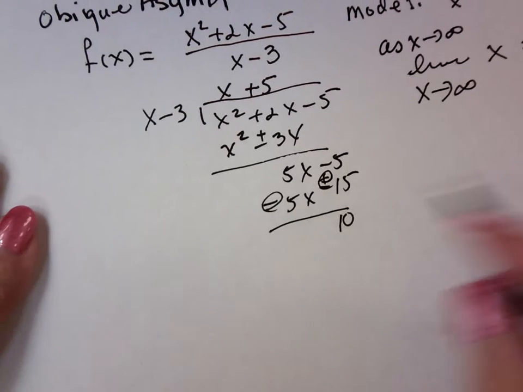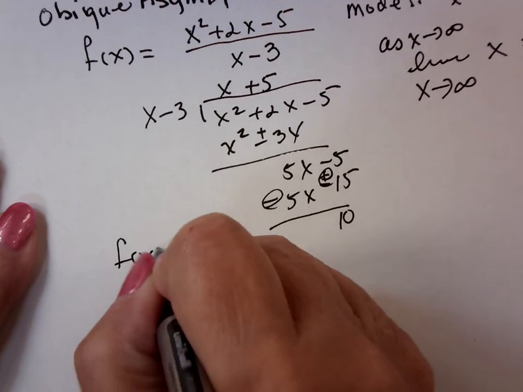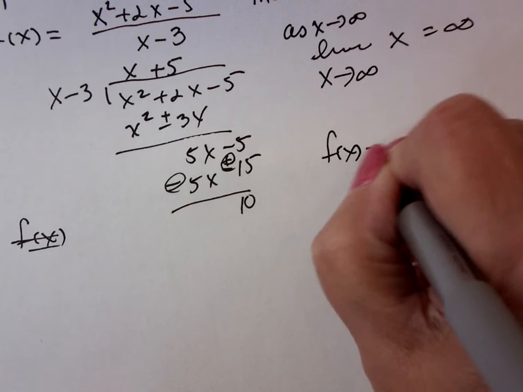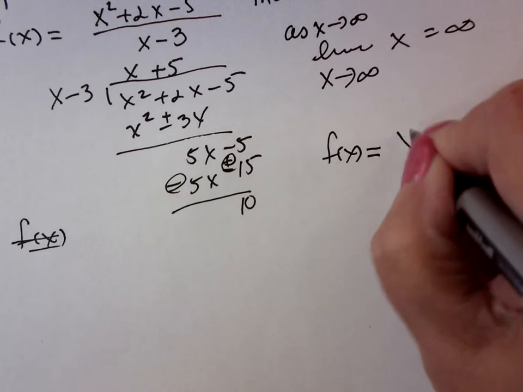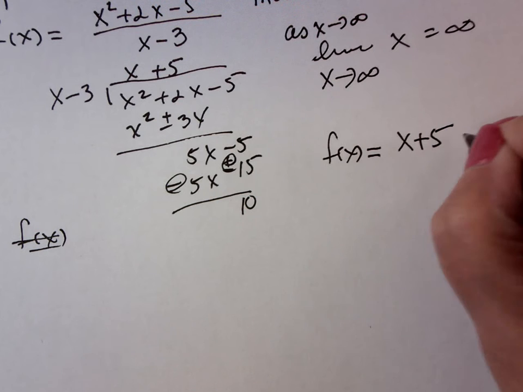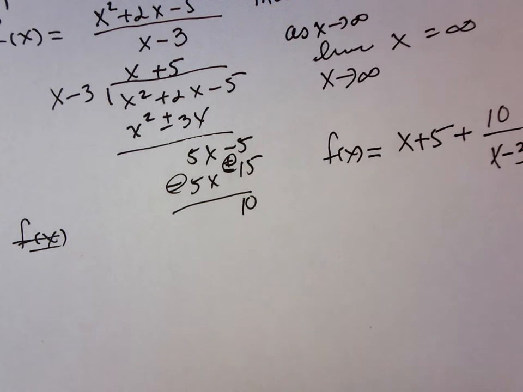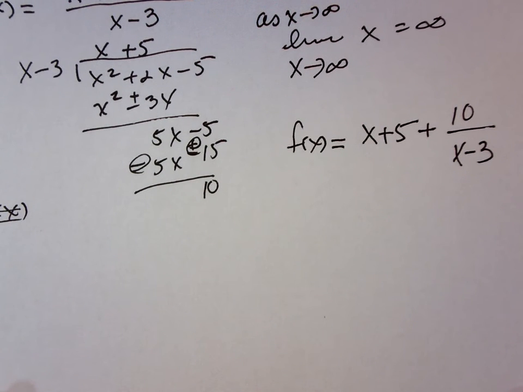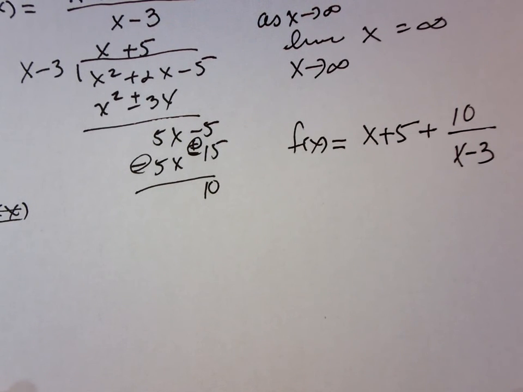So you would say that f of x can be written as x plus 5 plus 10 over x minus 3, because I long divided it out.